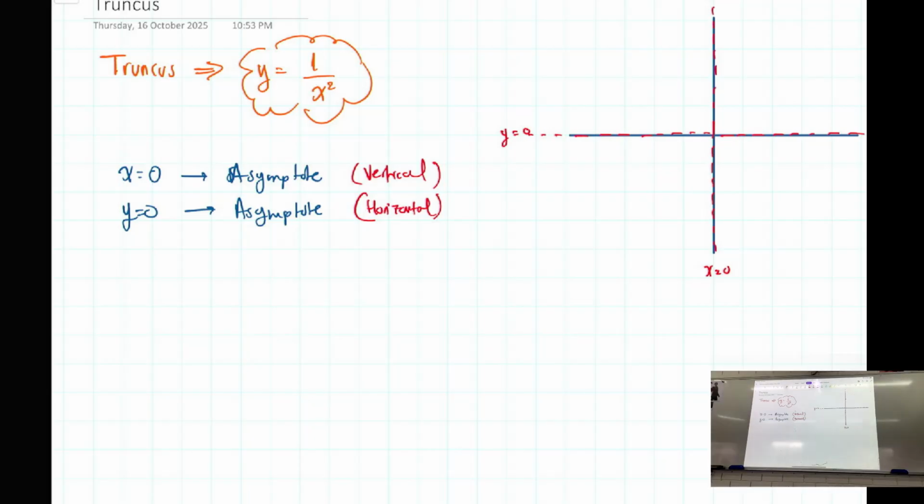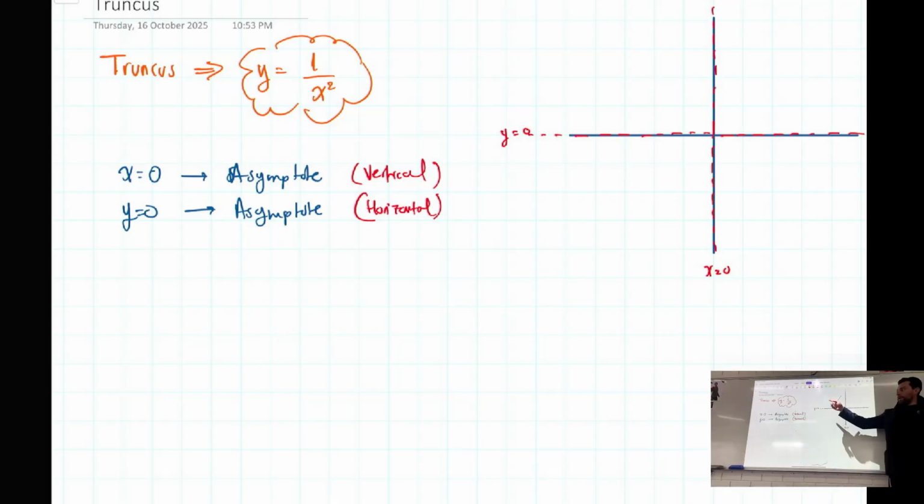Awesome. y equals 0. Now, here is the difference between the hyperbola and the truncus. In which quadrants did you see the graph of the hyperbola? Quadrants 1 and 3, right? That is if my dilation factor a is positive.